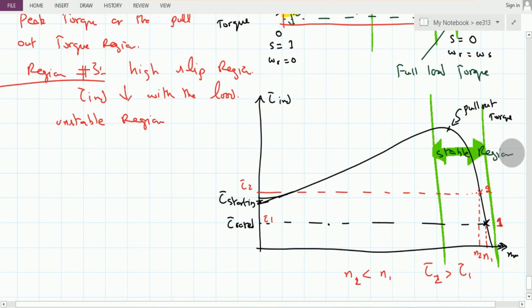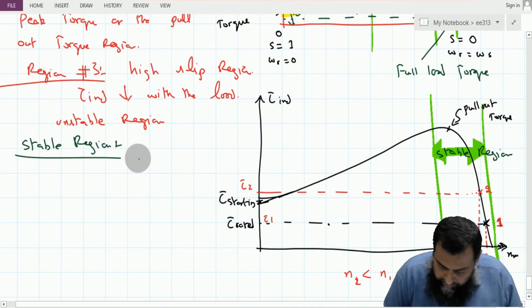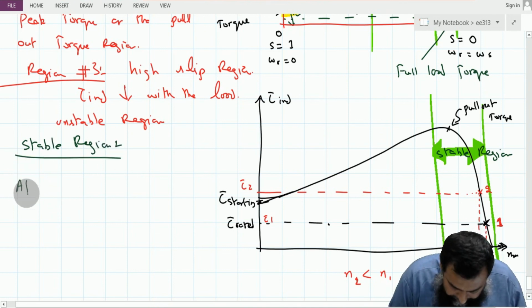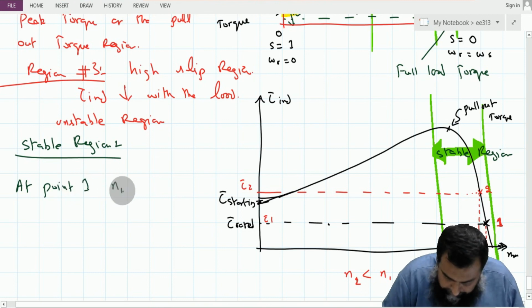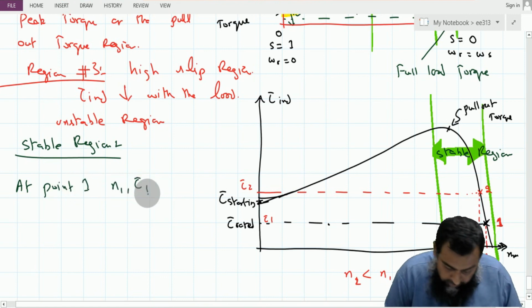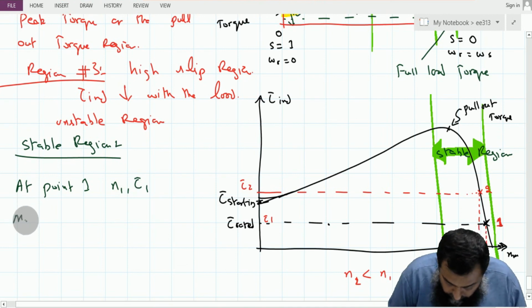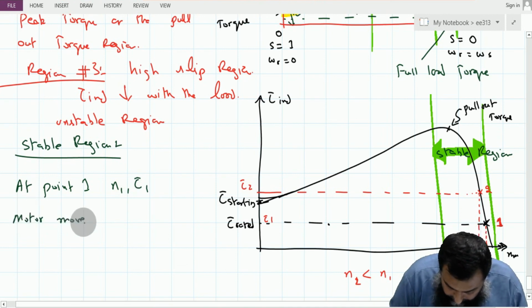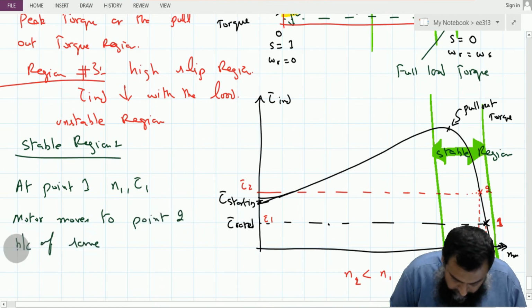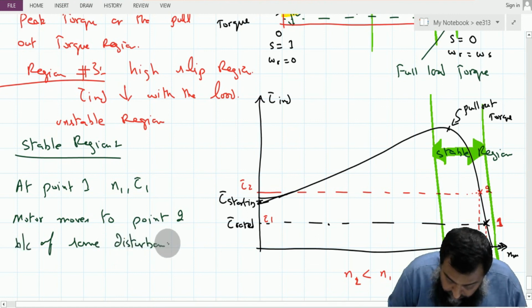So let me write down here for the stable region. Let us say that at point 1, N1 is the speed and T1 is the torque. The motor moves to point 2 because of some disturbance or small signal variation.